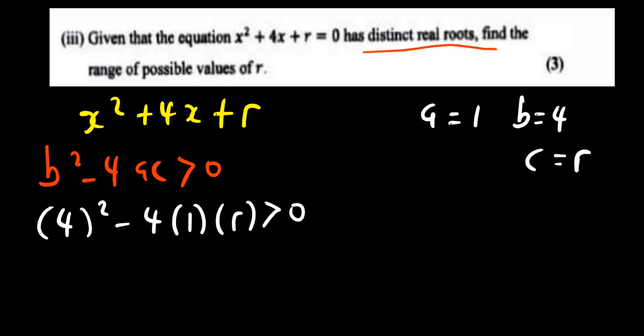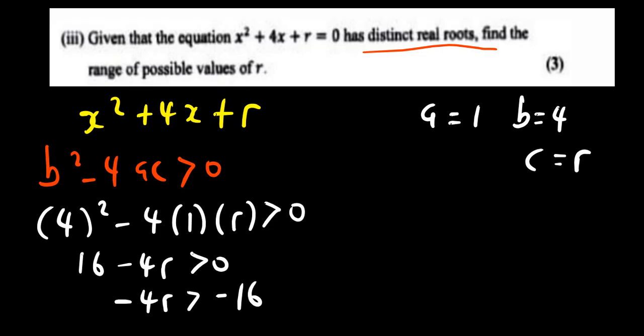4 squared is just 16. Negative 4 multiplied by 1 multiplied by r is negative 4r. This should be greater than 0. Let's take the positive 16 to the other side, so we've got negative 4r greater than negative 16.